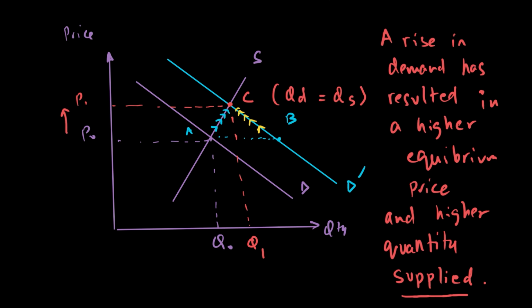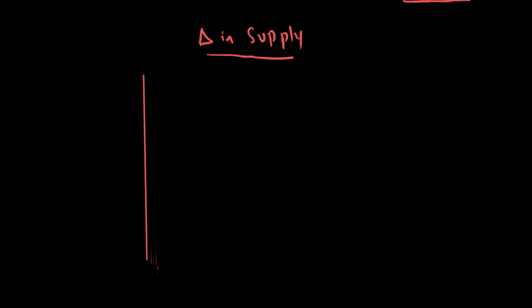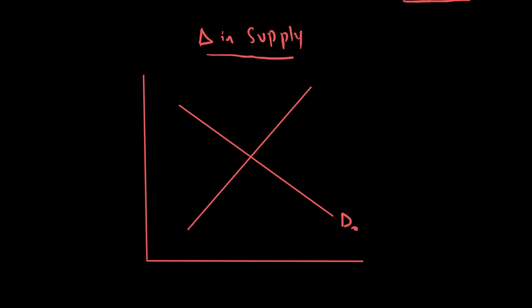Now let's look at another example of a change in supply. So let's say we are looking at the same market for chocolates, and let's say there is a very good production of cocoa, which is used as an input for chocolate, and productivity has gone up for cocoa farmers, and that has resulted in the supply to go up for cocoa in the market, and that in turn would mean a lower price of cocoa, which would mean that for farmers, the price for cocoa may go down.